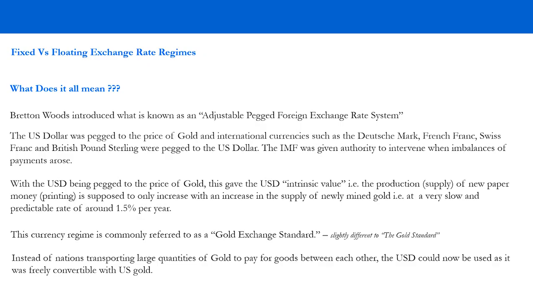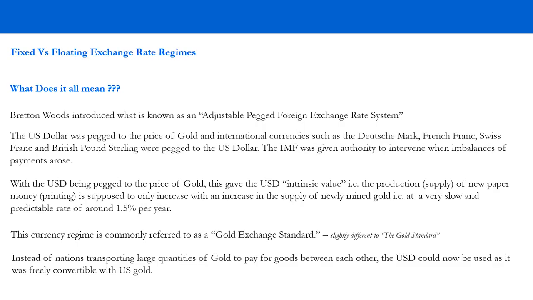It means the paper currency actually has a value, i.e. the production or supply of new money, new paper. What's supposed to happen is that it's supposed to only increase, so the supply increasing with an increase in the supply of newly mined gold, so at a very slow pace.